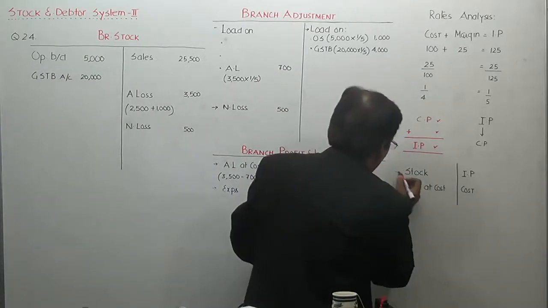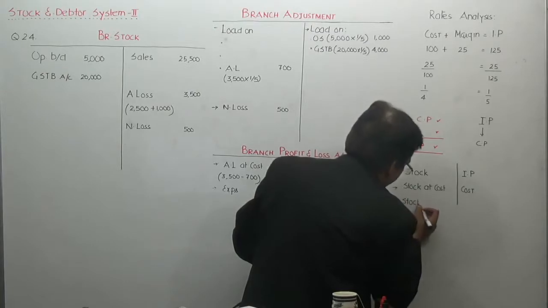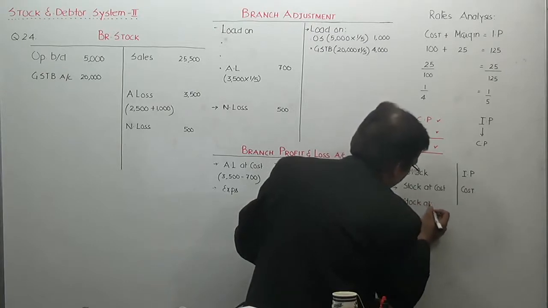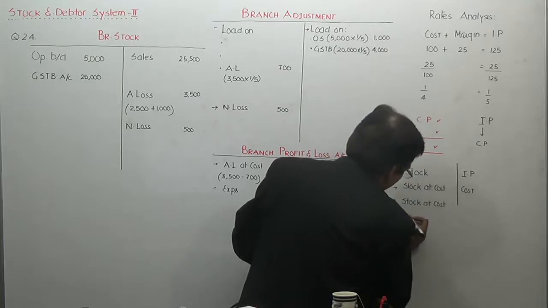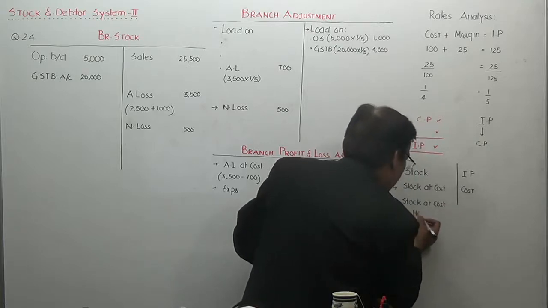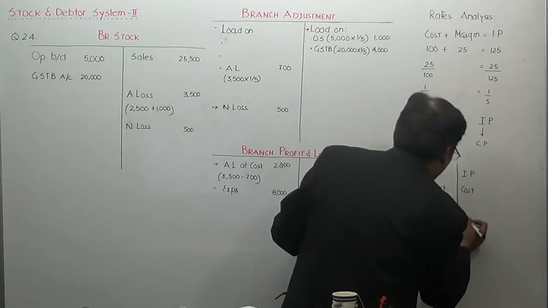This is one situation, this is the second situation. Now suppose it is given this way round: stock at cost to head office. If it is given this way round, then again it means it is given at cost.